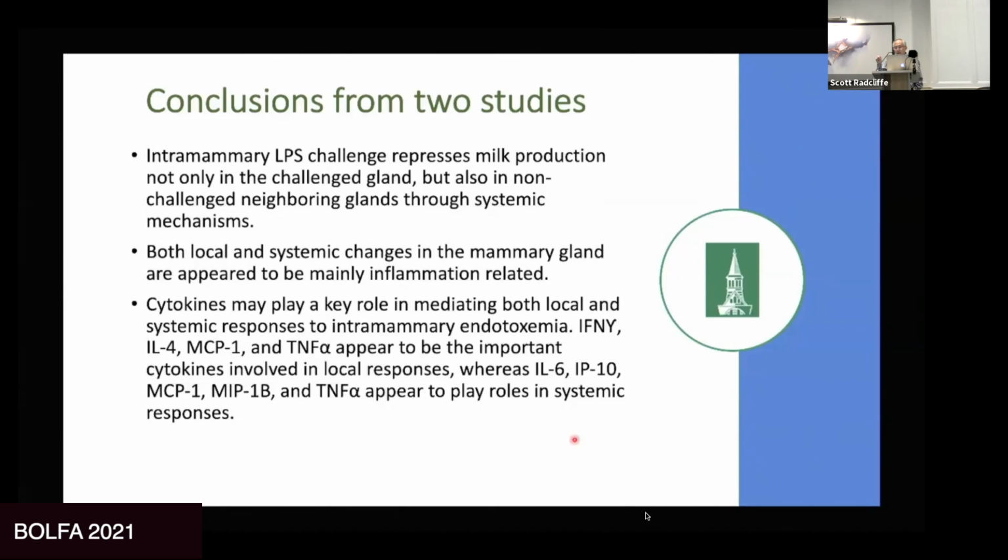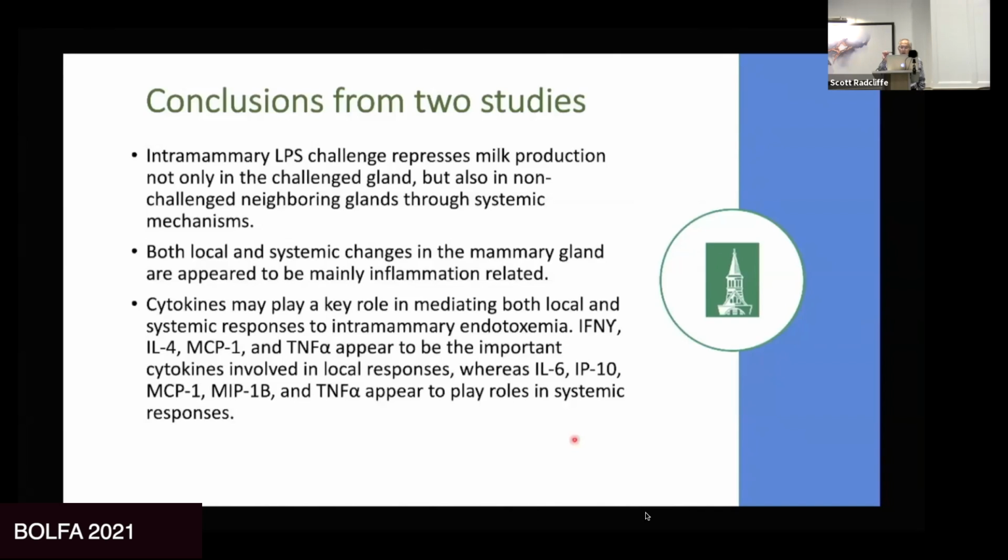By the RNA sequence analysis, we saw the major changes seem related to cytokine signaling, including both local effect and systemic effect. We didn't see a lot of other things going on, particularly it's only cytokine signaling. Remember, this is mammary epithelial cell, so we didn't really see a lot of other things, okay?